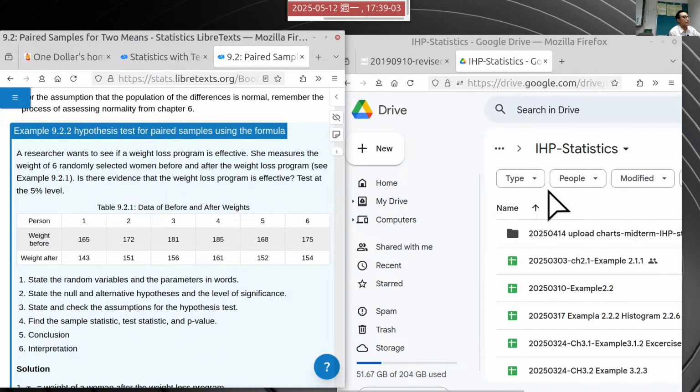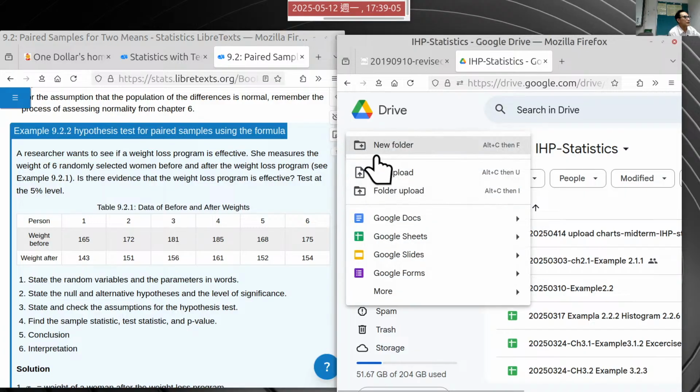Okay, I'm going to open a new Google Sheet.